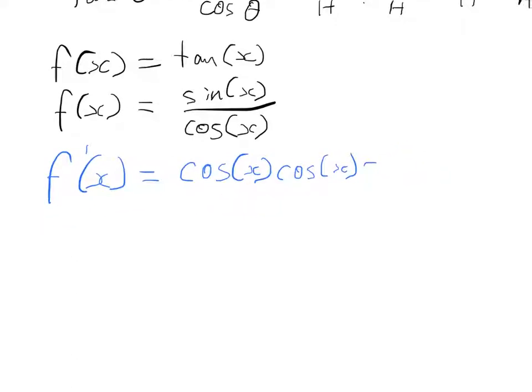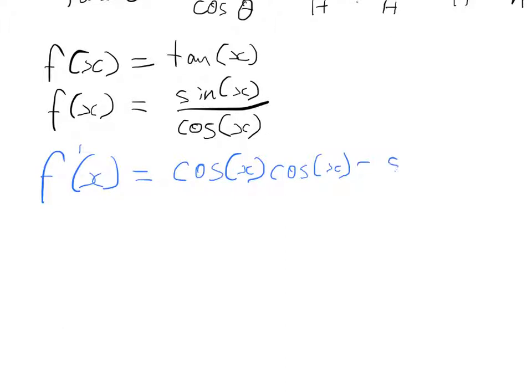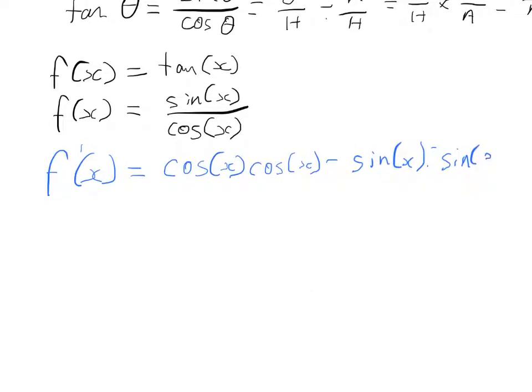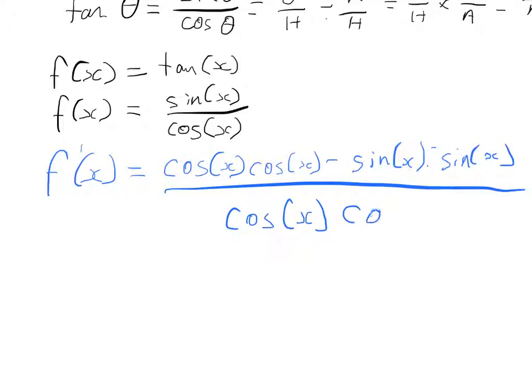I need a little more room here. Times negative sine of x. All divided by cos of x times cos of x. Okay, now here's another little trig rule, a real fundamental trig rule.